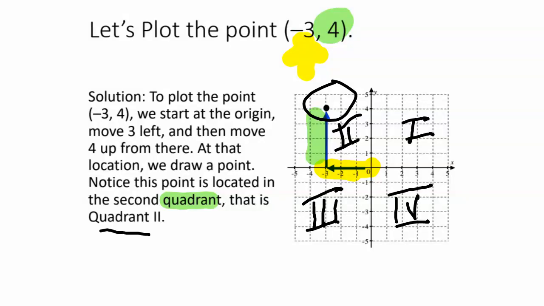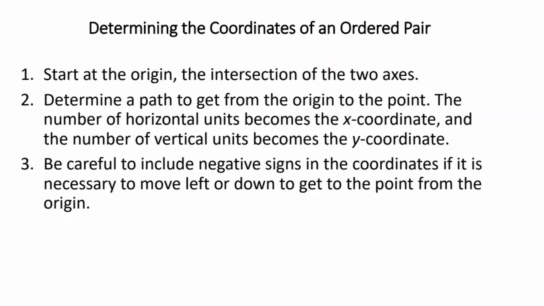Okay. Now, when we get here, this slide is basically giving you some instruction. You start at the origin, and then you determine the path to get from the origin to the point that we want to plot.